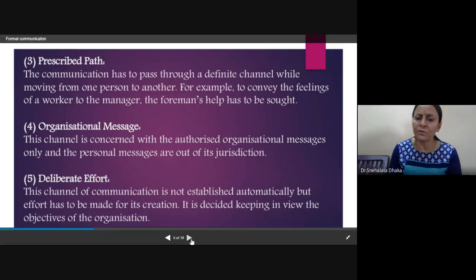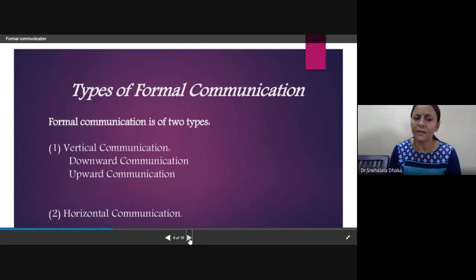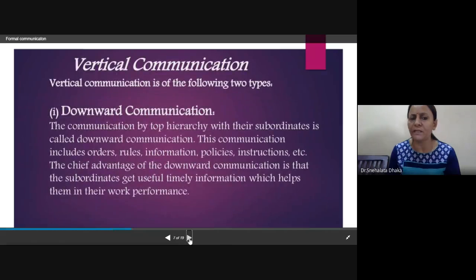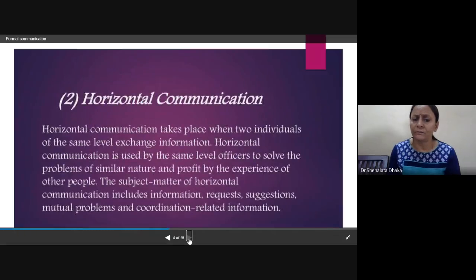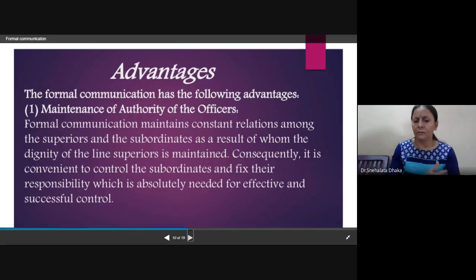Now, the later information is not that important, as we have discussed a lot about all these directions of communication, okay? So formal communication happens in vertical direction, upward, and also at horizontal level, okay?